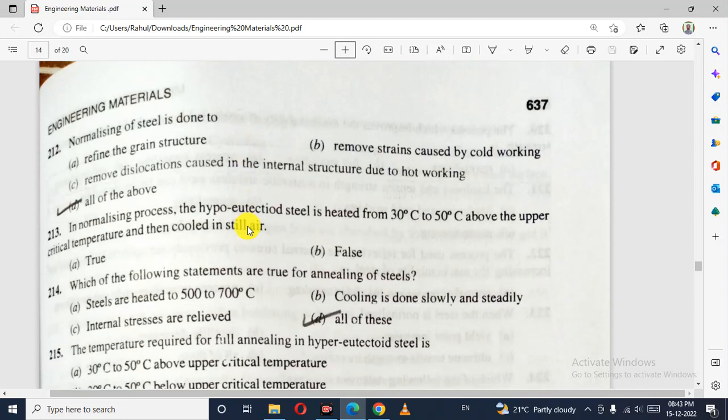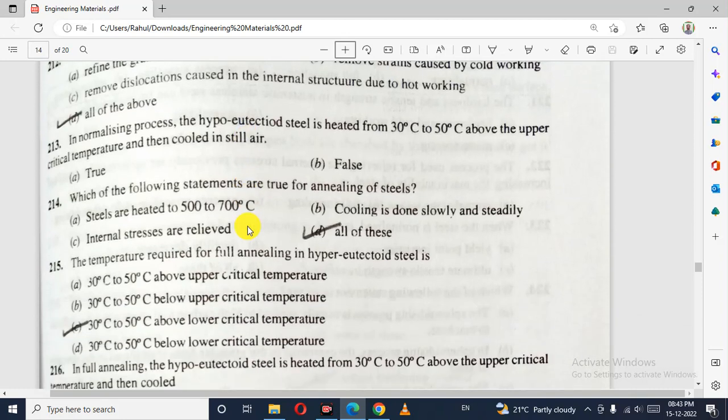Which of the following statements are true for annealing steel? Steel is heated to 500 to 700 degrees Celsius, and cooling down is done slowly and steadily. Internal stresses are relieved. The temperature required for full annealing in hypereutectoid steel is 30 to 50 above lower critical temperature.